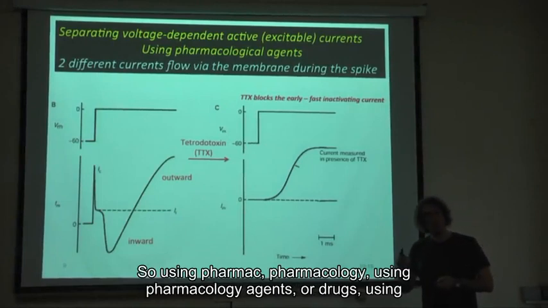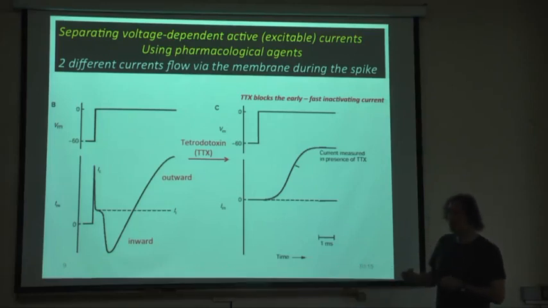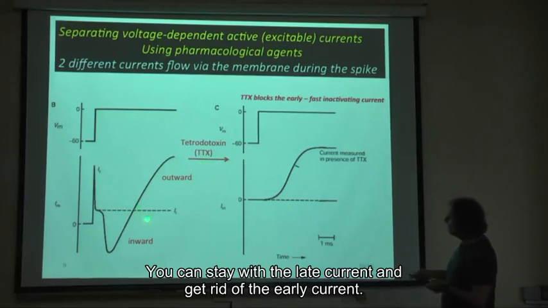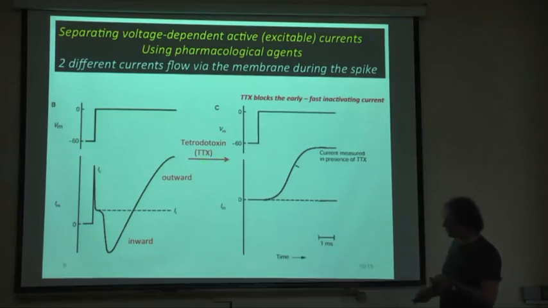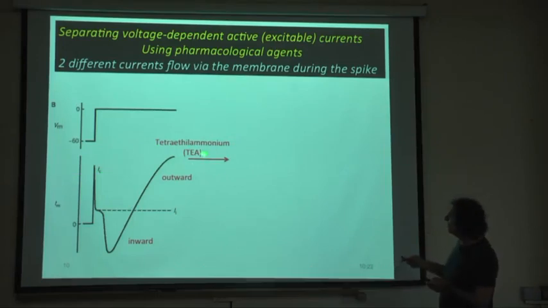So using pharmacological agents or drugs, you start to separate two currents. The early current seems to be different than the late current, because you can stay with the late current and get rid of the early current. They also found another drug, the tetraethylammonium, or the TEA.